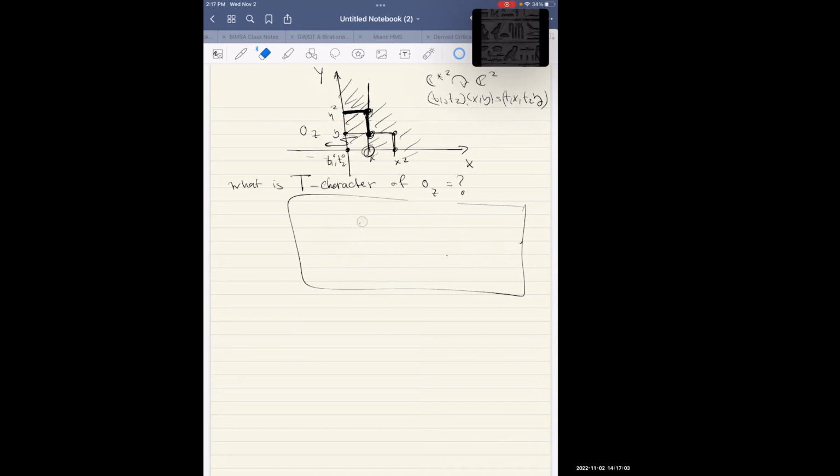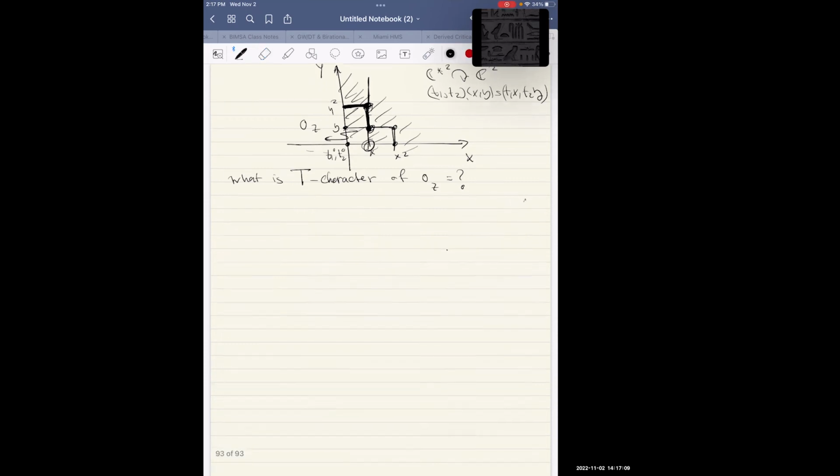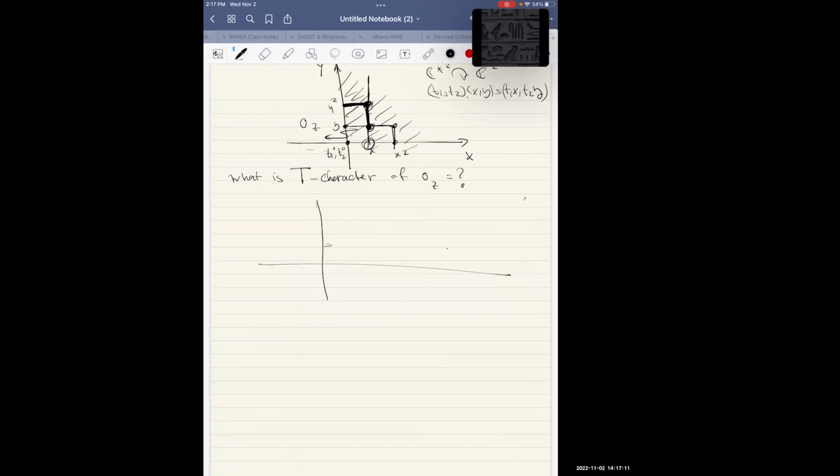So if I had some situation where I had something like this, and this kept going along the x-axis, then I would like to write down this T representation. There is no power of y, so you look at the left corner pieces.